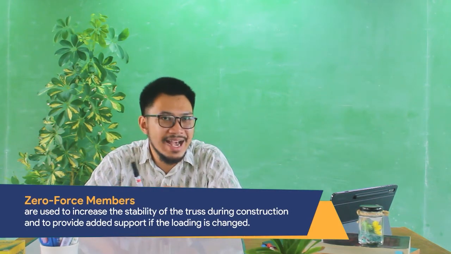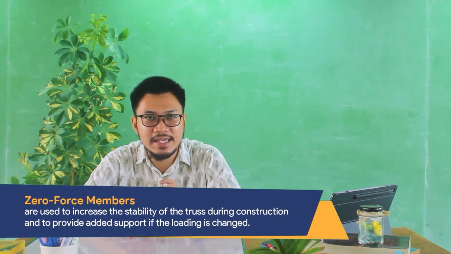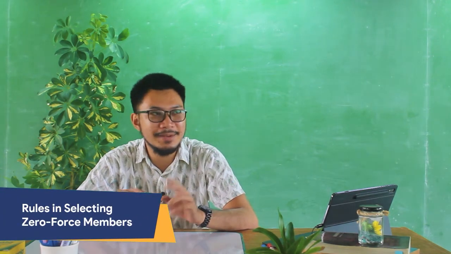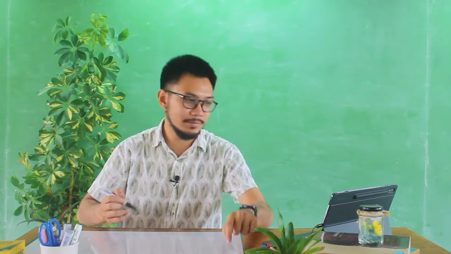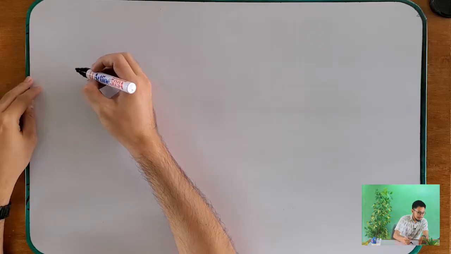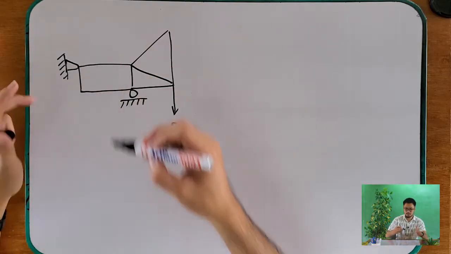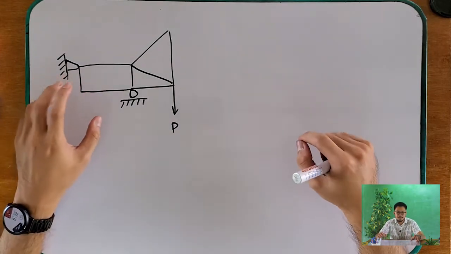And now, how can we identify zero force members? So we have here two things to observe para makaingon ta nga ang kanang mga members are zero force members. Let's go to the first observation. So we have here, okay, imagine this one.